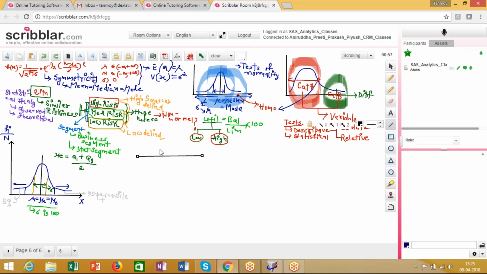Say for example there is this variable x, and you have the frequency and the relative frequency over here, so we have x and fi.